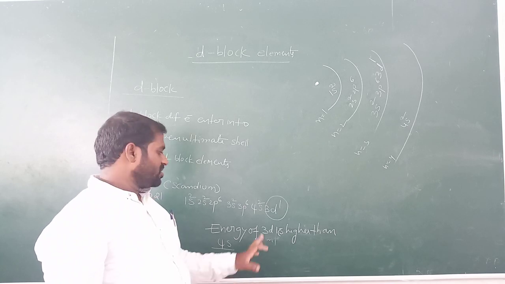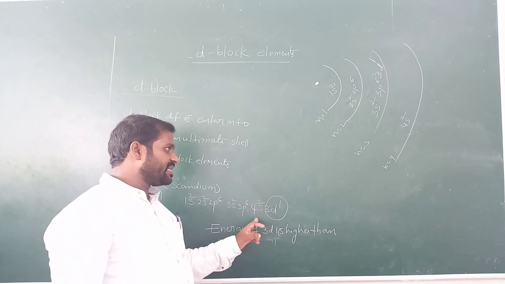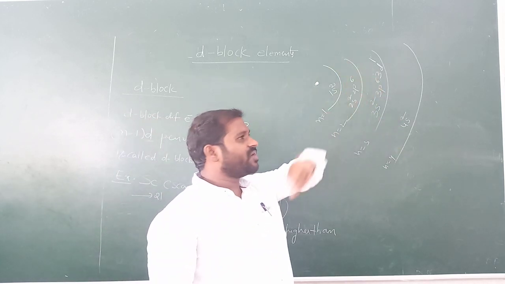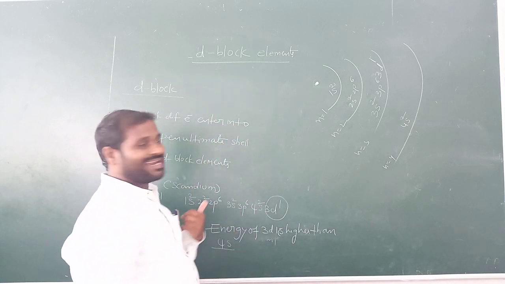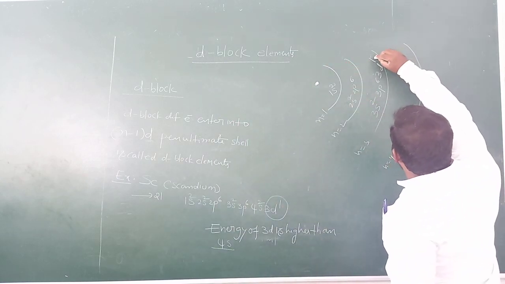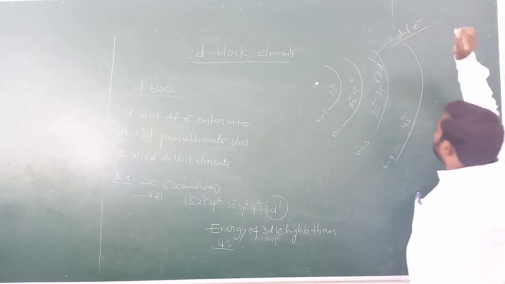Remember this. So now 4s and 3d1: first the electron enters into the fourth orbit, then again it comes to 3d. So now which one is the differentiating electron? That 21st electron enters into 3d. This is the differentiating electron.